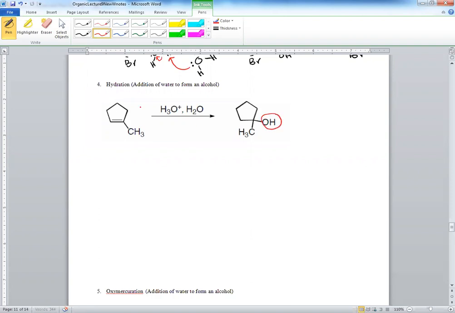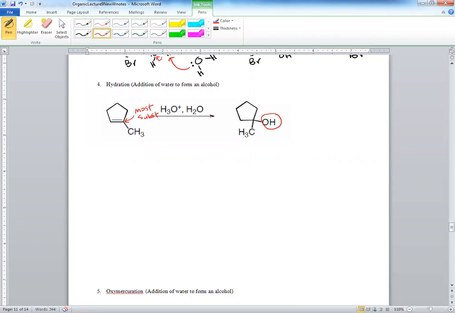And once again, notice how the water, the hydroxy, is added to the more substituted carbon, or the one that has fewer H's.